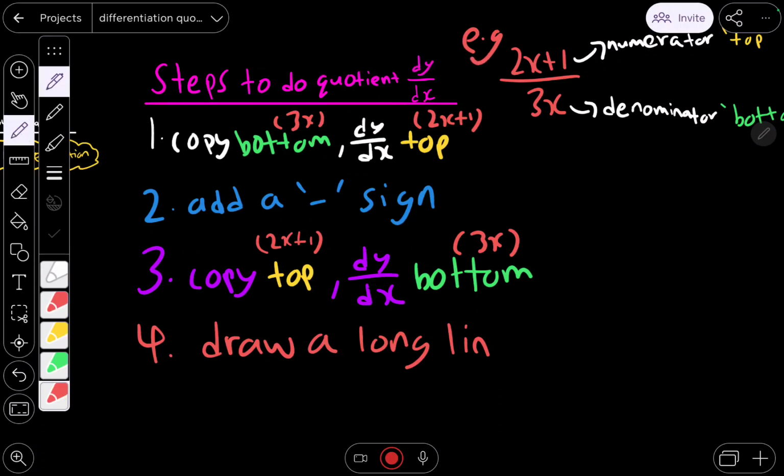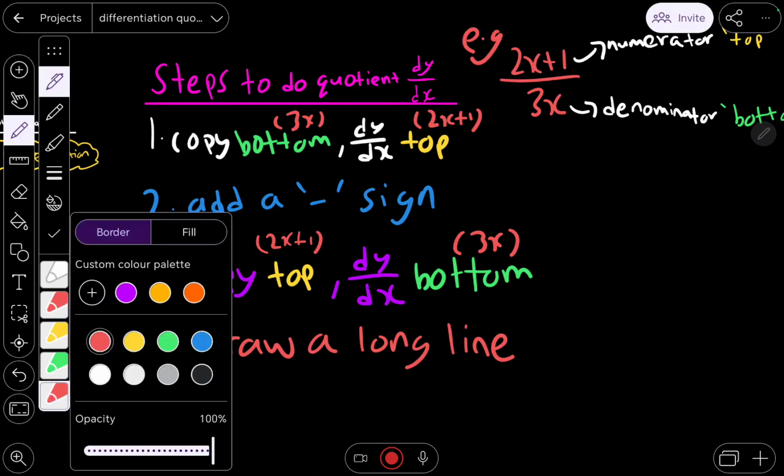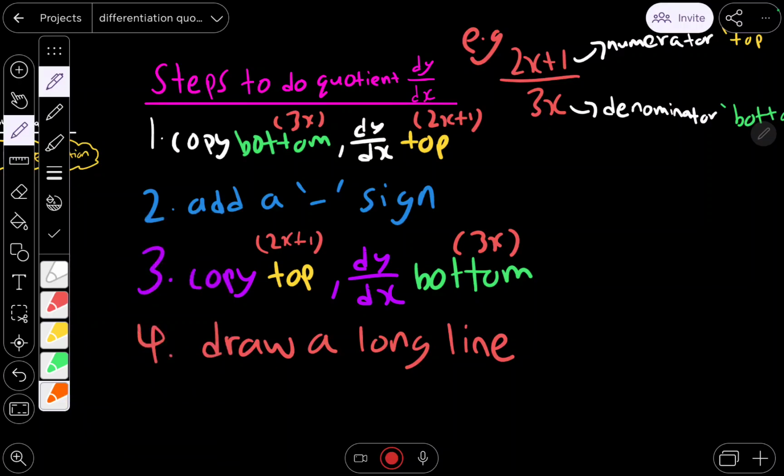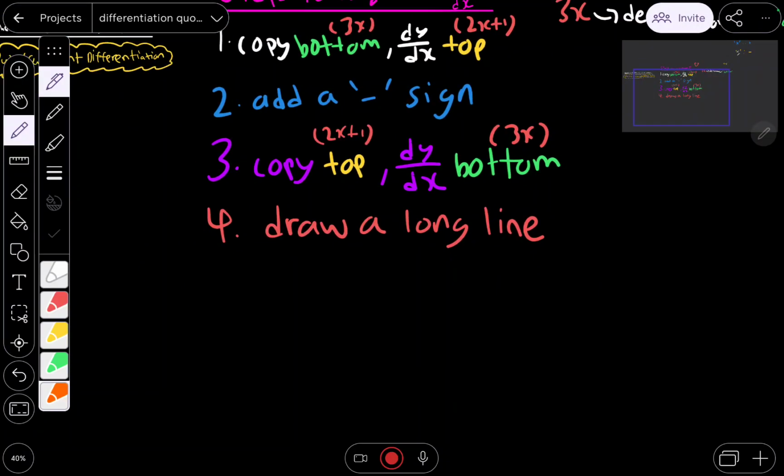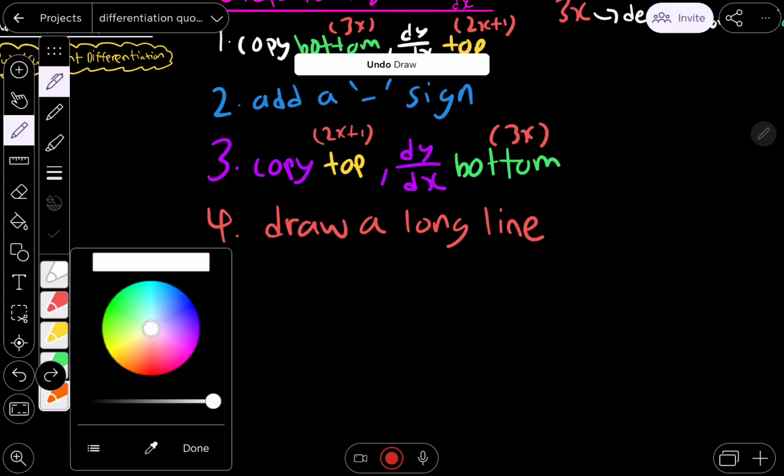So I will explain it when I'm doing the questions, what I mean by draw a long line, and I will bring back all these steps and go along from 1 all the way to 5. There are actually 6 steps, but the 6th step is not very necessary, depending on the question.